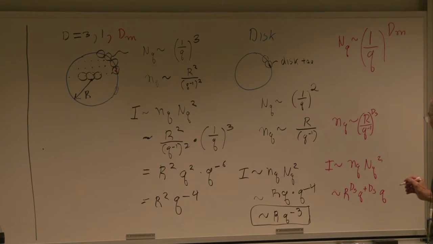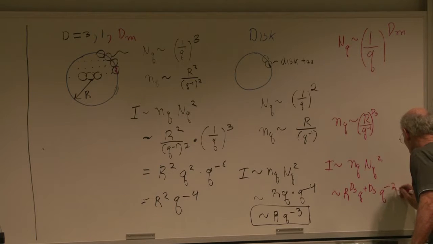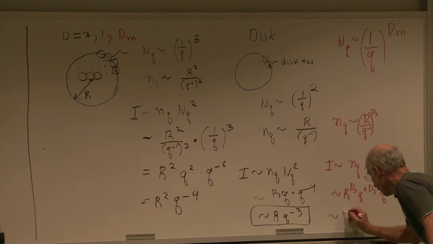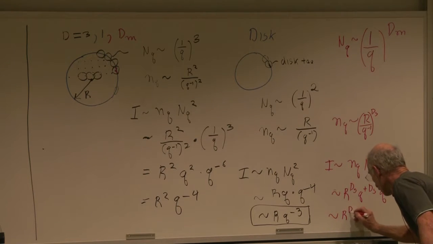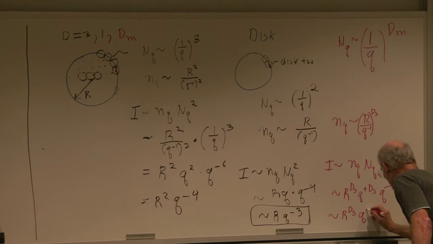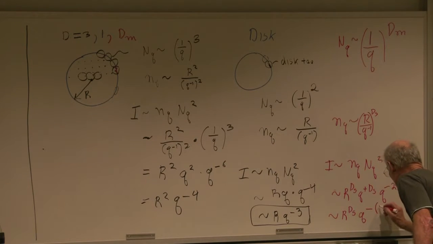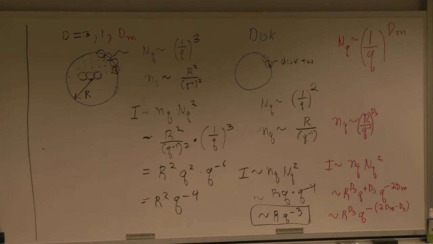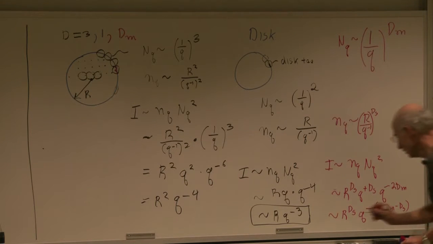Q to the minus 2 dm, and running rapidly out of room, right down at the bottom, we get r to the ds, Q, I'm going to write it as minus 2dm minus ds. And that is the grand result.